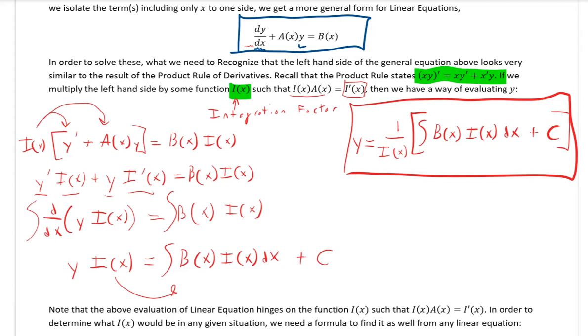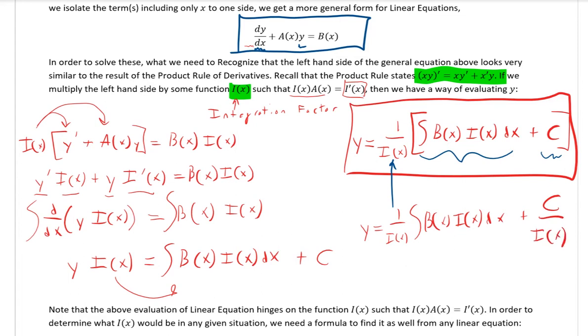One of the most important things to realize here, a very common mistake, is that this 1 over I of x is multiplying not just the integral, but also the arbitrary constant. So if you were to multiply this out, this would look like y equals 1 over I of x times the integral of b of x I of x dx, plus the constant is also going to be divided by I of x.